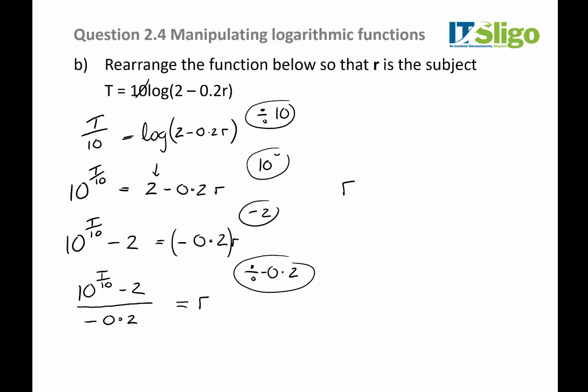And finally then, guys, write my subject on the left. Now I'm going to run a minus across the top, change all the signs. So that's going to give me 2 minus 10 to the power of t over 10. I've changed the signs on the top, and I can change the sign on the bottom. And this then just looks a lot better, guys, because there's the minimum amount of negative signs.